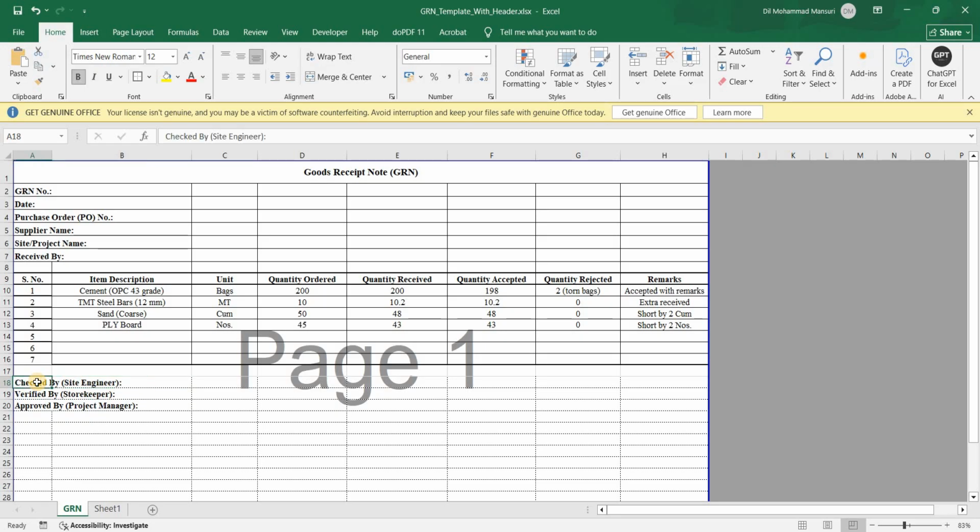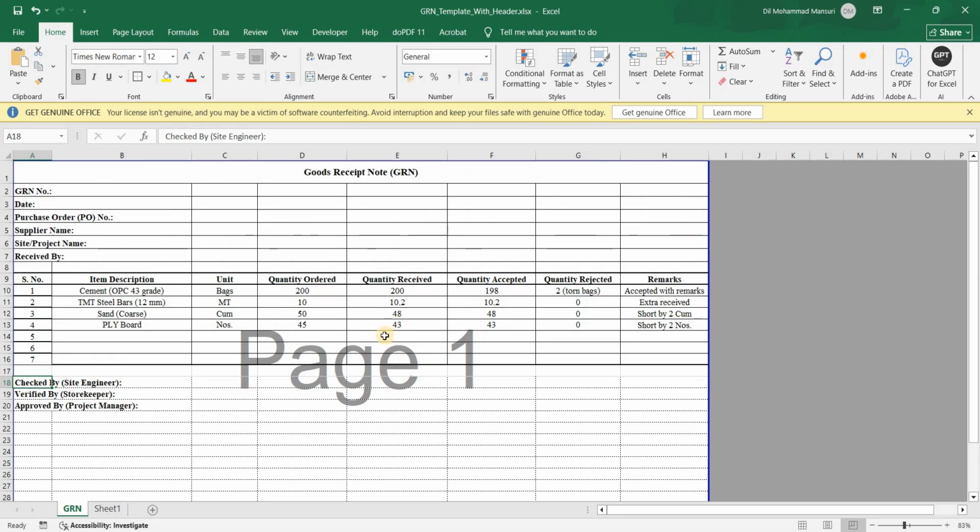In case something happens on site, then the site engineer is still responsible, because you might have sold those materials and you are telling us that you received only this quantity. So better to keep records in such a way, make the approval yourself, and send it to the head office. So this is the way you can prepare a GRN.